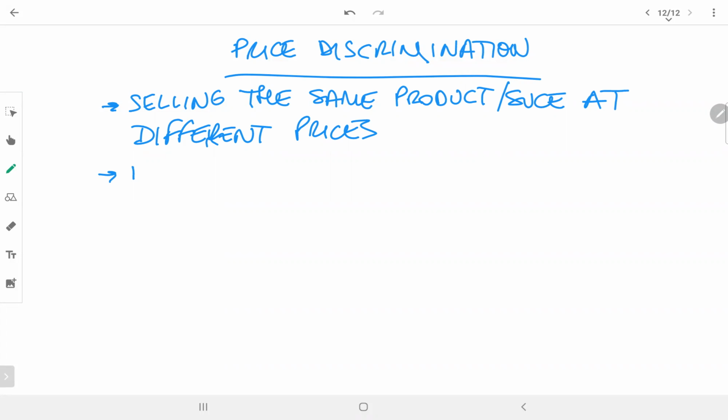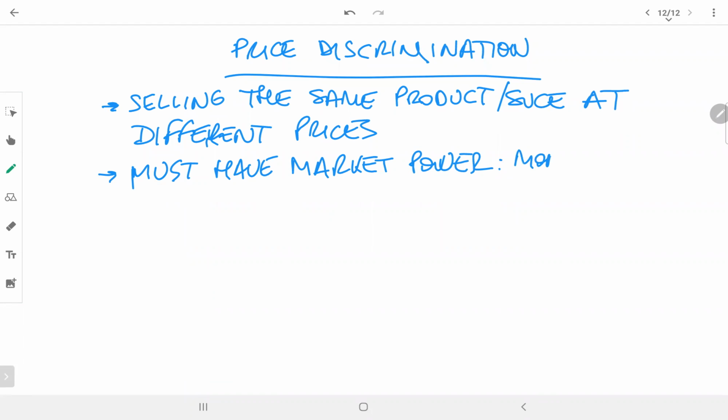When can we do this? Well, we must have market power, which means being able to set your own price.